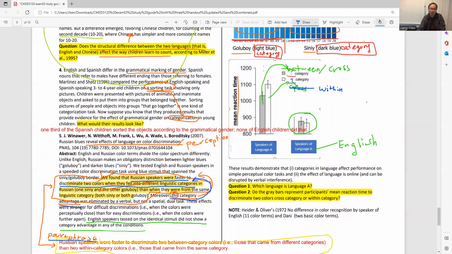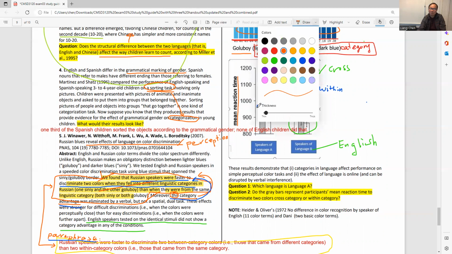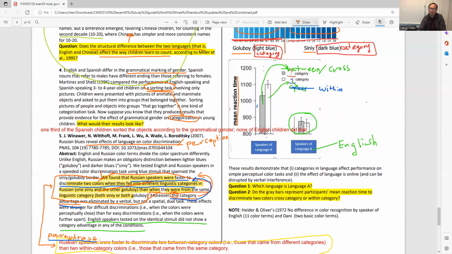Russian speakers will be faster to discriminate between category, right? So less time, faster. The gray one is faster.